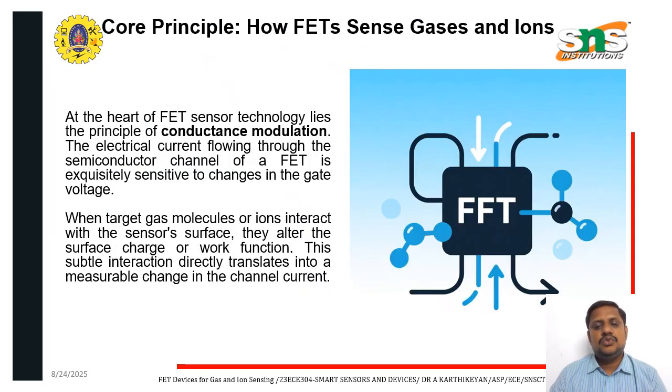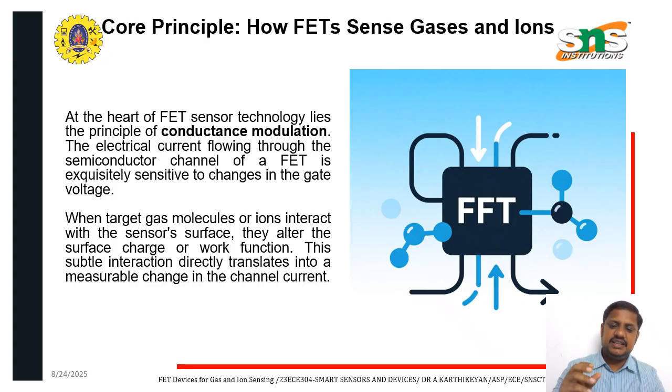How can FET sensors sense gas and ions? When sensed, it causes conductance modulation of the electrical field, and also changes the current through the semiconductor channel. The FET is extremely sensitive to the gate voltage.